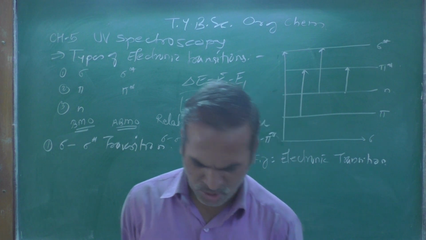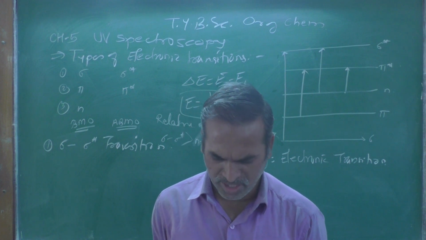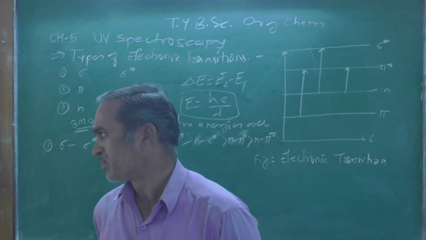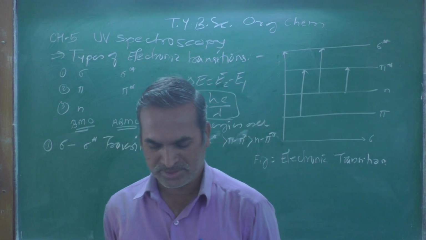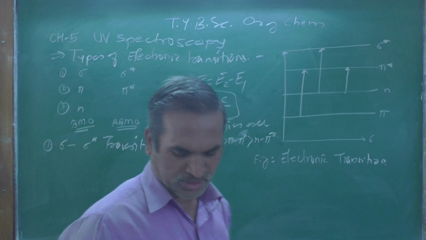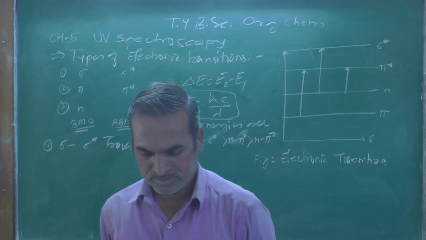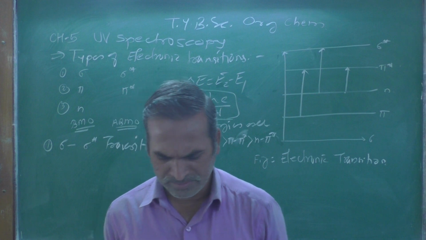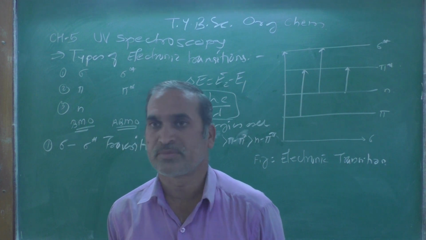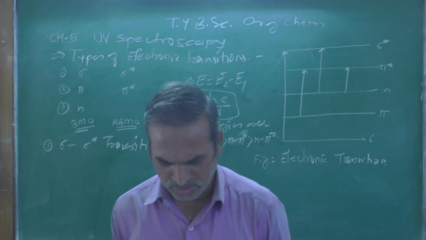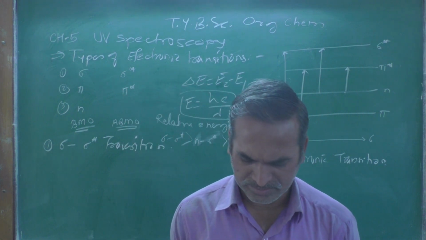The types of electronic excitation: from the figure we see that there are four major types of electronic excitation taking place in the molecule. The first one is the sigma to sigma star transition. In this type of transition, the promotion of an electron from a bonding sigma orbital to an anti-bonding sigma star orbital takes place.